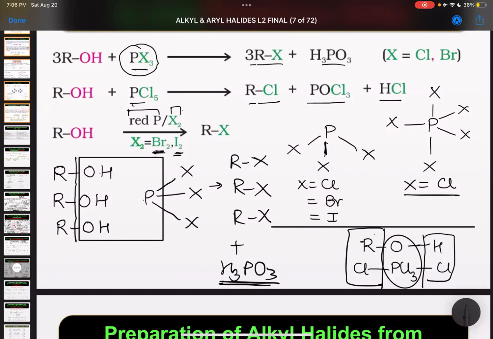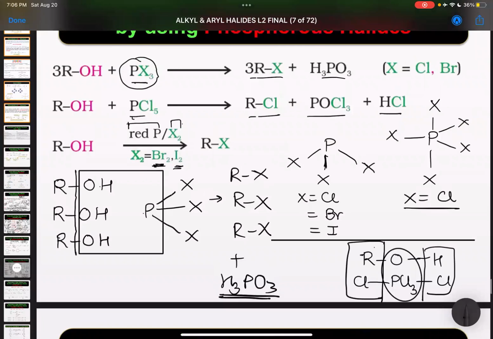If you put chlorine into red phosphorus, it can escape and it is a very lethal gas. It can come out easily and can cause death also. So you don't take a risk.